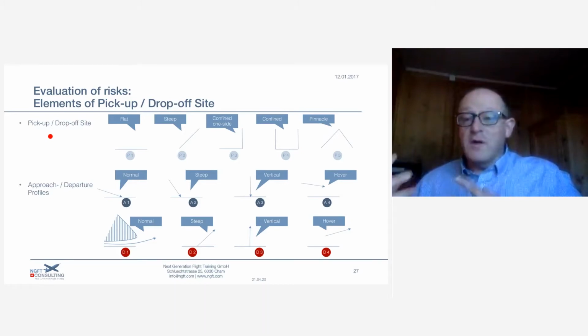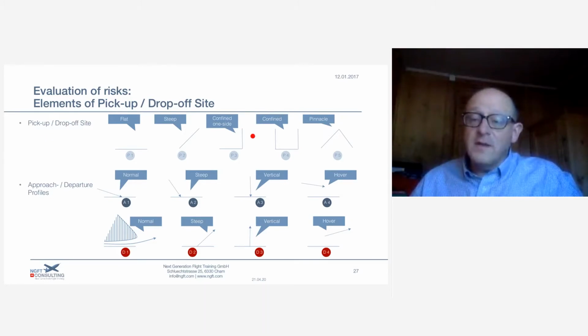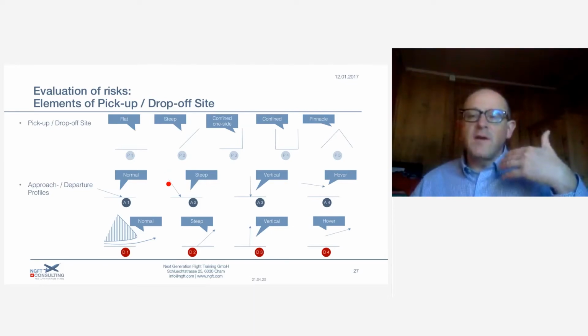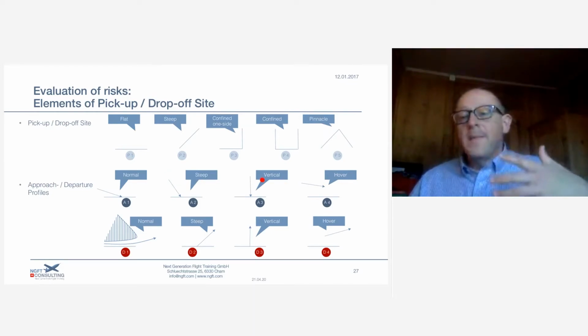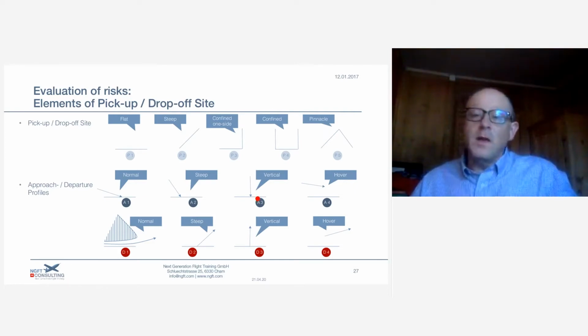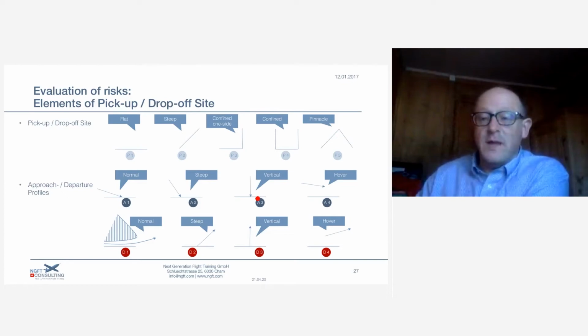So if you're in a confined area right here, like this, and if you have enough room to do a steep approach, that already gives you more options. If you can only land vertically, then your options are limited, and there's different types of risks associated with that.